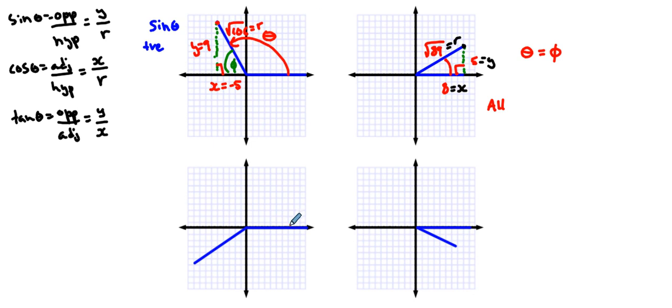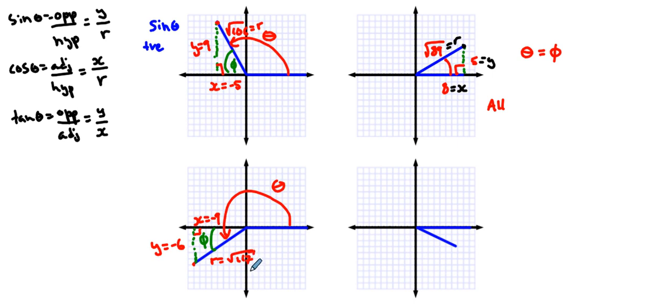If we go around to the third quadrant and try to repeat, we have our angle in standard position. We have our reference angle phi, and we can create another right triangle here. There's the right triangle, and again we can start labeling our sides. This terminal point has x equals negative 9 and y equal to negative 6, and again using the Pythagorean theorem, you get r equal to the square root of 117.